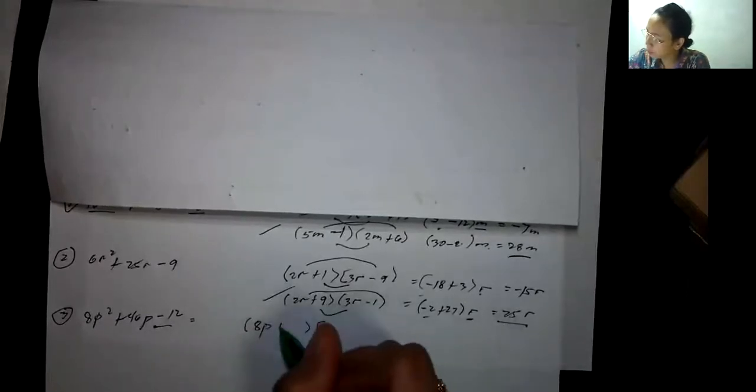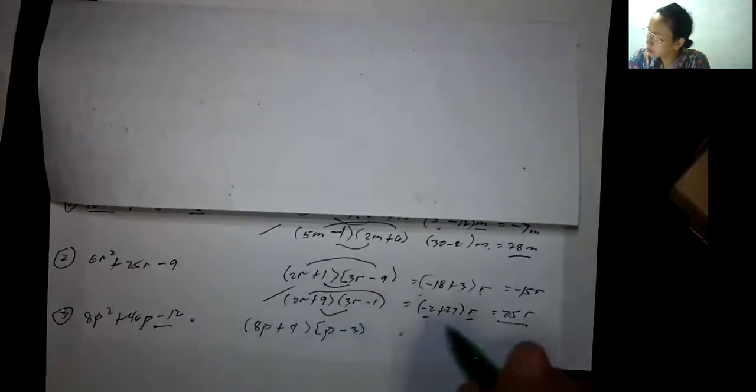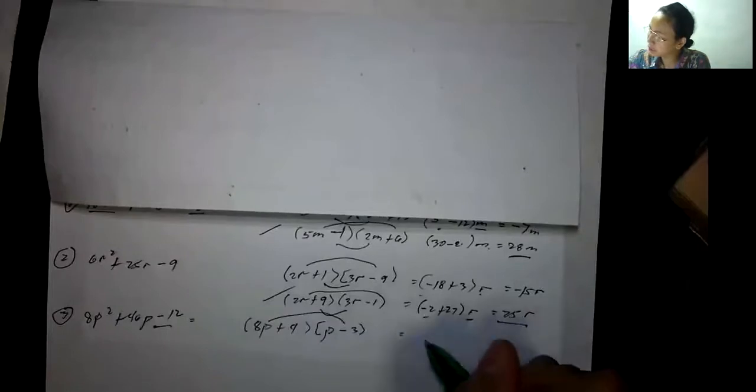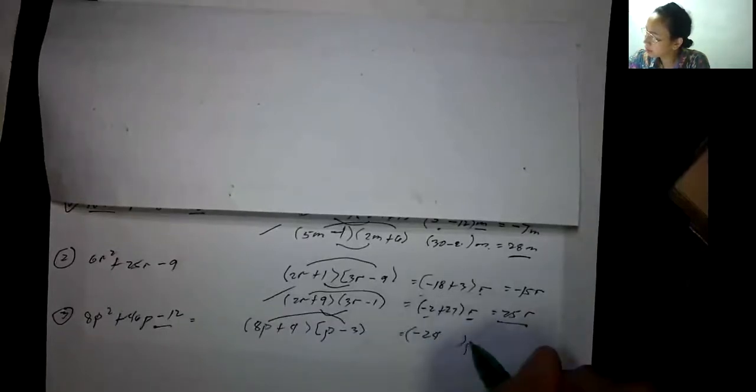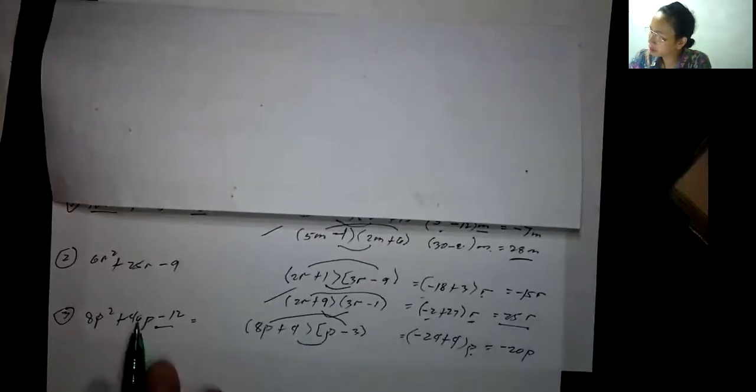Let's say we have here positive 4 and this will become negative 3. So 8p times negative 3 is negative 24p. Then 4 times p gives us 4p. So what is the difference between these two? It gives us negative 20p. Is it correct for the middle term?